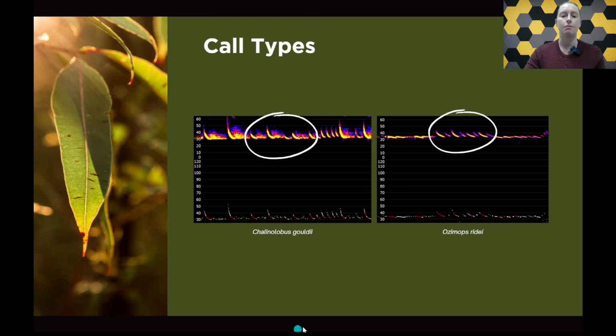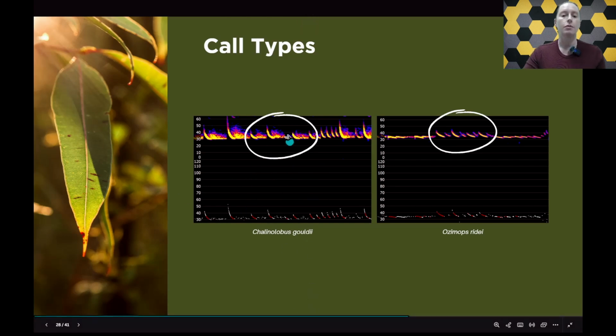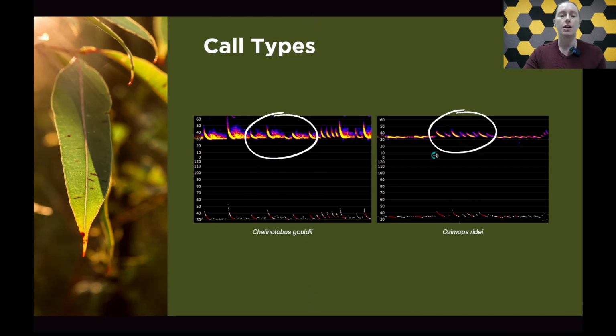I've got two examples here. We've got Chalinolobus gouldii and Ozymops wrightii. You can see their search phase calls are here and here. Ozymops wrightii have a QCF type call and Gould's have this FM typical call. So when they're just doing search phase echolocation, the two species are very easy to distinguish.